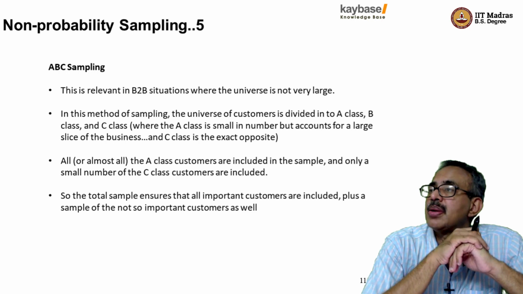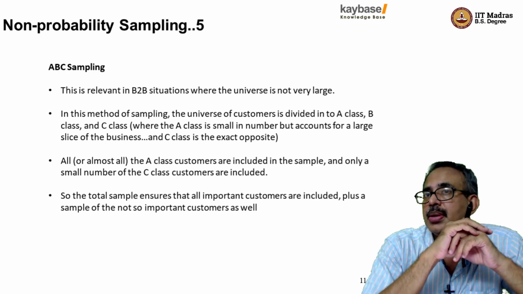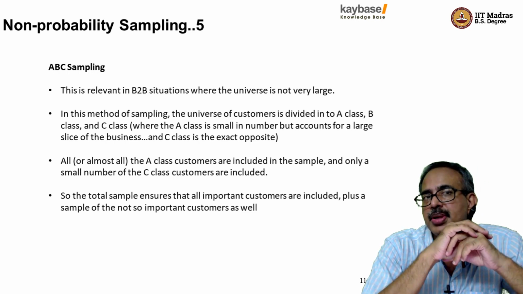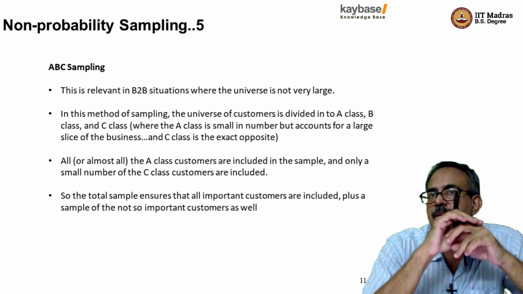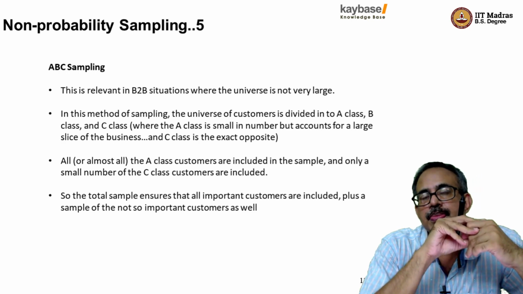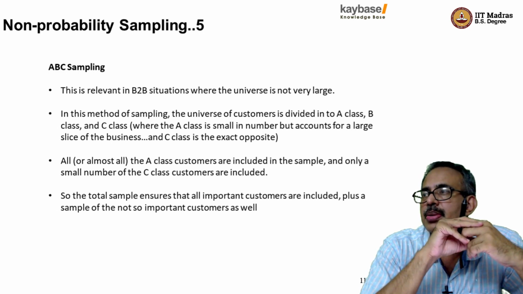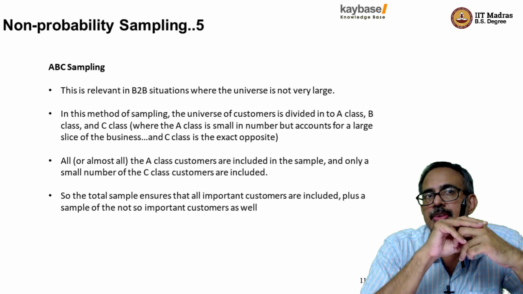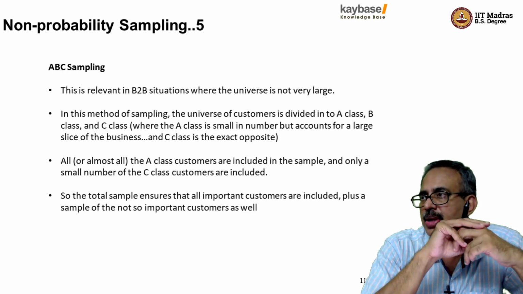ABC sampling. This is extremely interesting, very relevant in the B2B universe. So for example, let's say there's a manufacturing firm which is supplying, let's say, automobile components, and it's supplying to all the two-wheeler manufacturers. Okay.